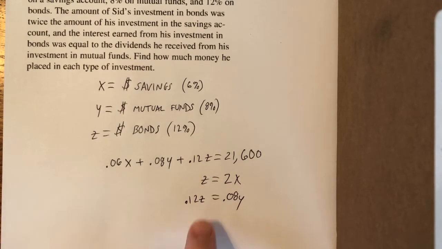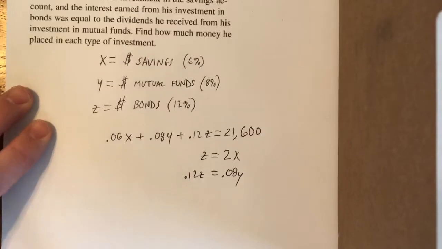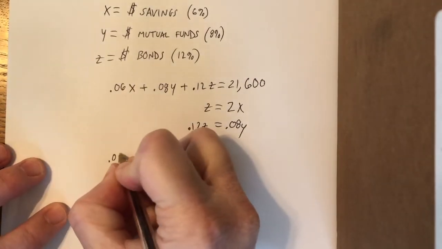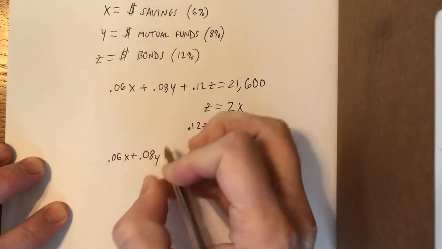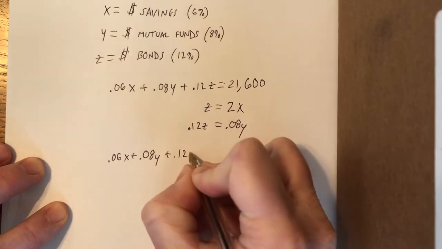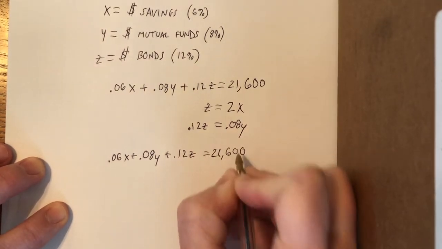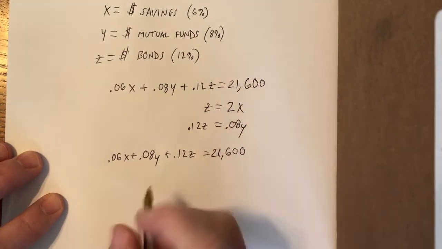So anyway, we have 3 equations. Now all we have to do is rewrite them. Let's see if we can do that. The first equation is all set. I'm going to go ahead and rewrite that. And now I'm going to rewrite the second equation by subtracting 2x from both sides.